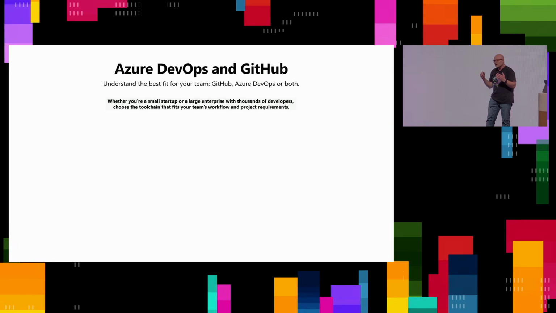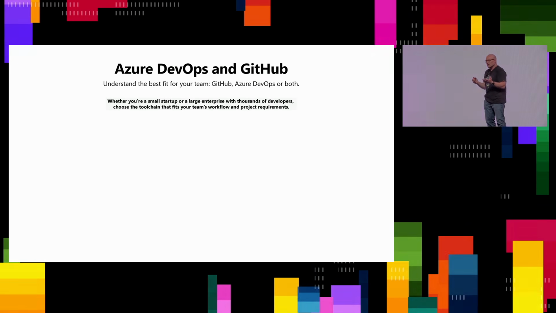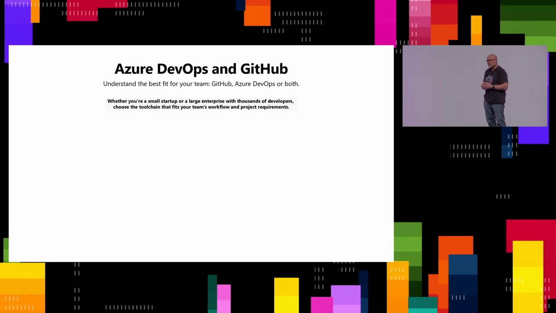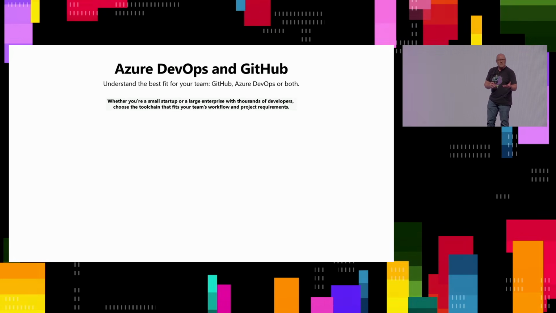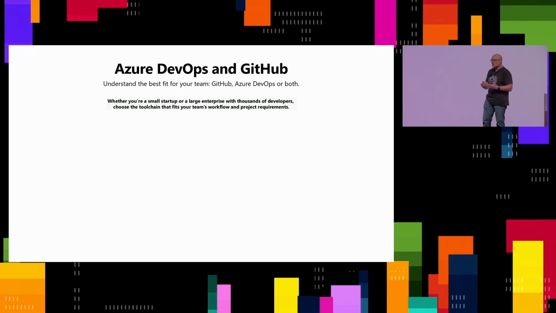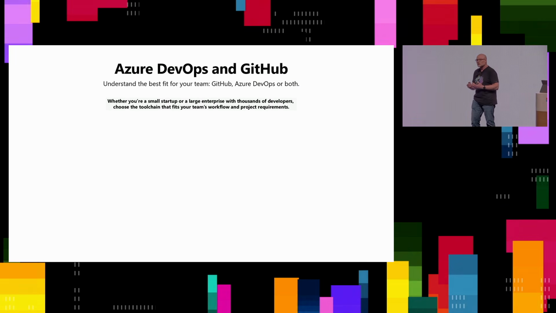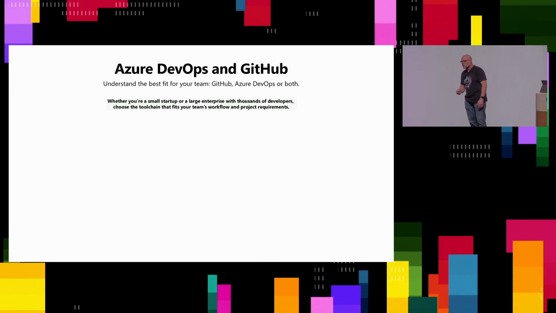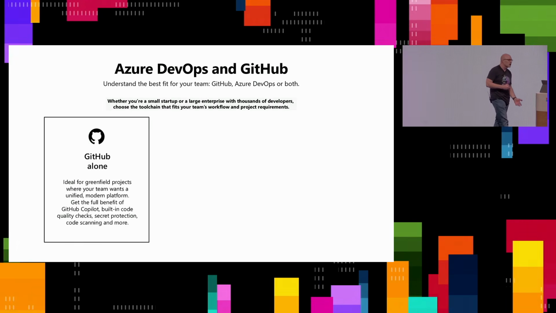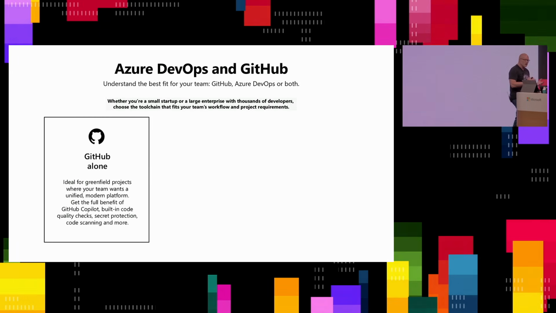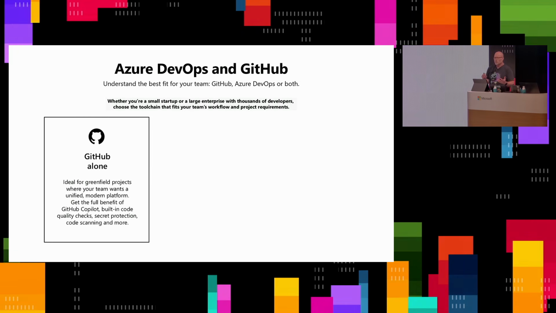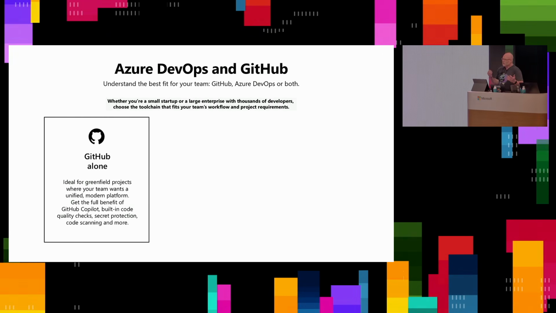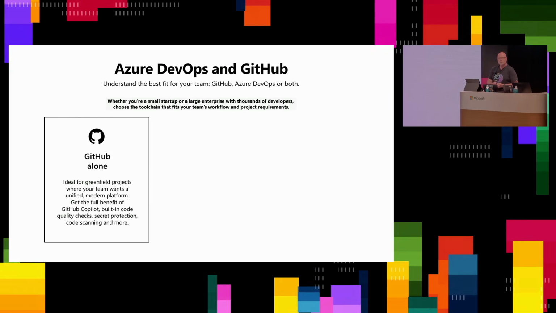So we want to talk about where we're at today, kind of our messaging for Azure DevOps. Whether you're a small startup team or an enterprise team with thousands of developers, we want to enable you to choose the best tool chain that fits your team's workflow and your project requirements. If you're a small team with a greenfield project, GitHub may have everything that you need, including issues and projects for planning and tracking.